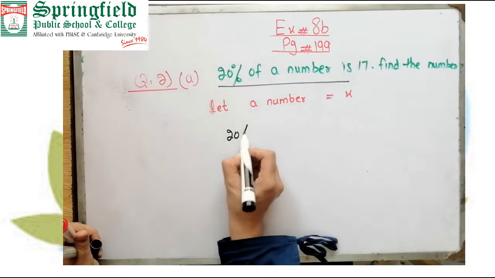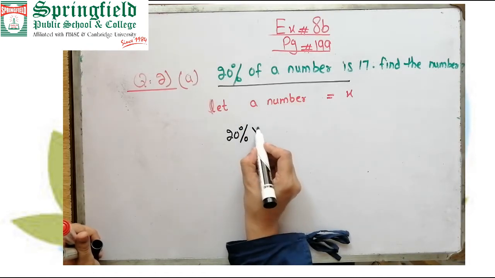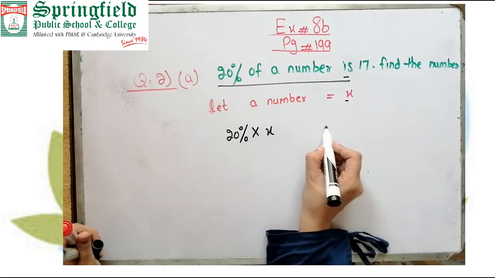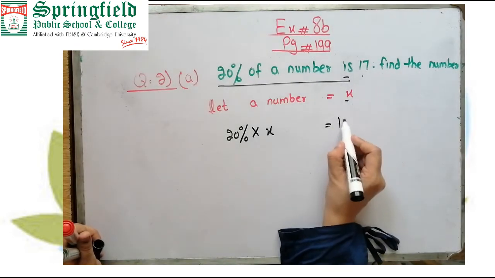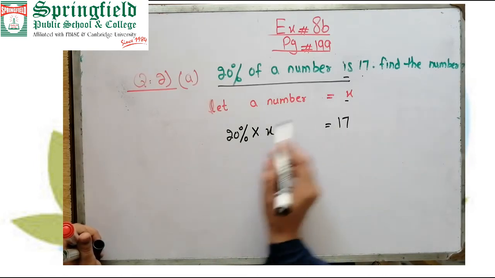20% of a number. Of means multiply a number. x is equal to 17. So this is an equation.